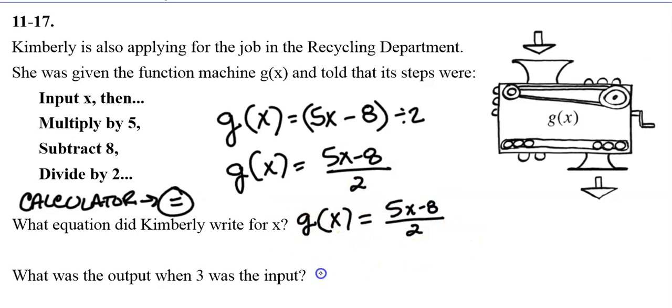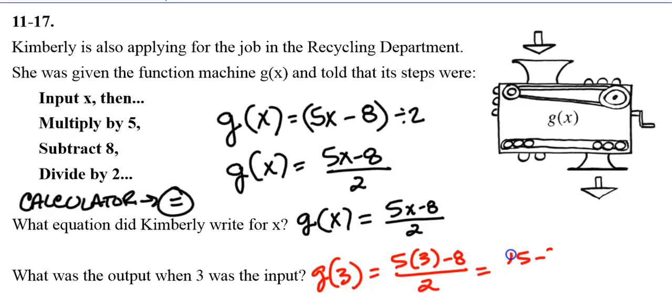So if we take g of x when 3 is put in, we go 5 times 3 minus 8, and all of that divided by 2, which is very simply 15 minus 8 divided by 2, which is 7 divided by 2, which is 7 halves. And 7 divided by 2 is 3.5.